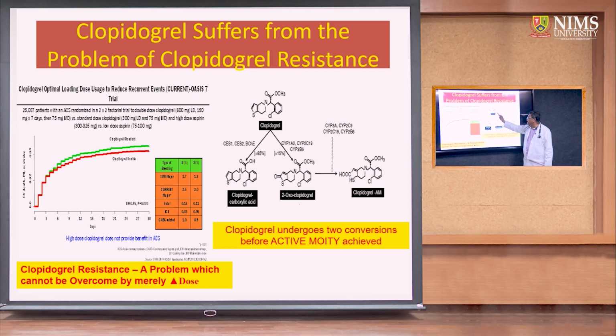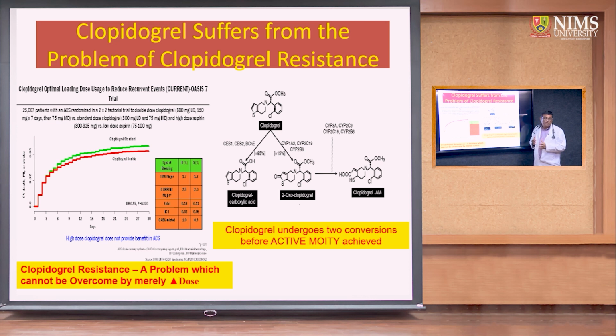So, clopidogrel by itself is not antithrombotic; it is its second degree metabolite that is really antithrombotic. Clopidogrel has to get converted first into oxoclopidogrel, and from oxoclopidogrel it has to get converted into clopidogrel AM, and clopidogrel AM is the one that is actually antithrombotic.